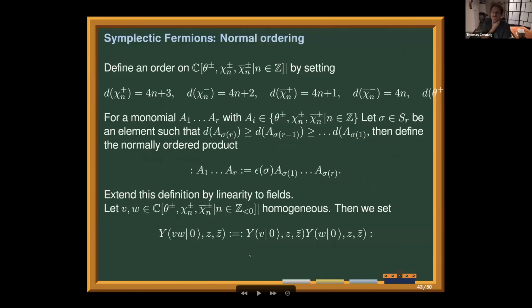But before doing so, one has to define a normal ordering, and this you can do kind of ad hoc by defining a degree for every mode. This is just to say that if the mode index is the same, you have to decide which of them you write to the left and which to the right. And it actually doesn't matter, you just have to make a choice.